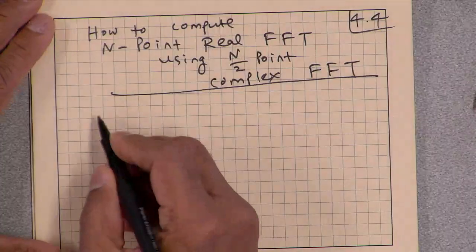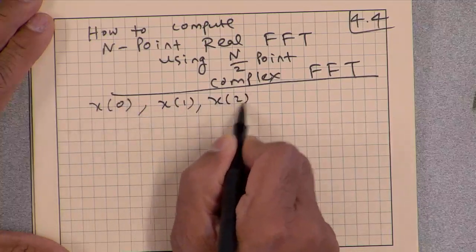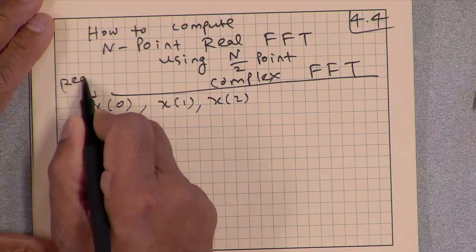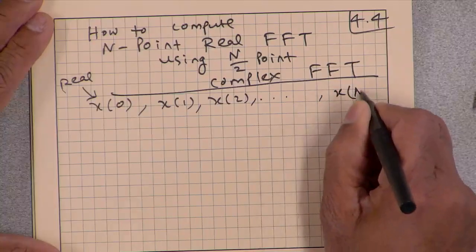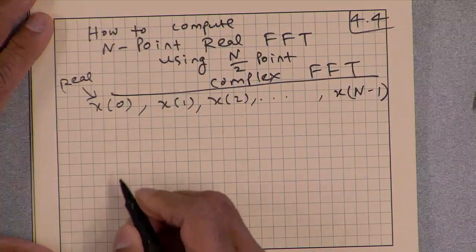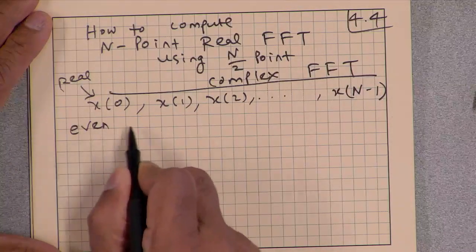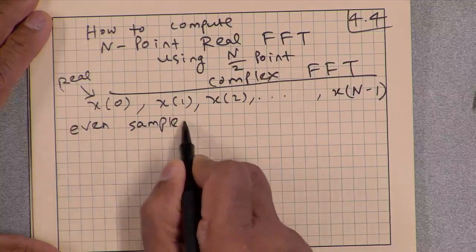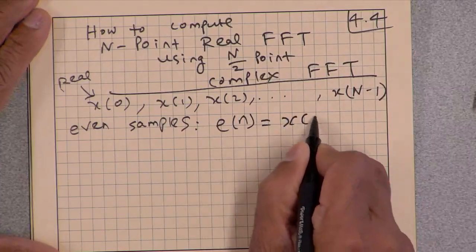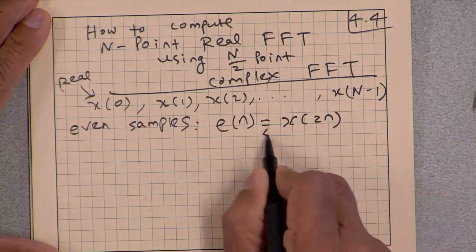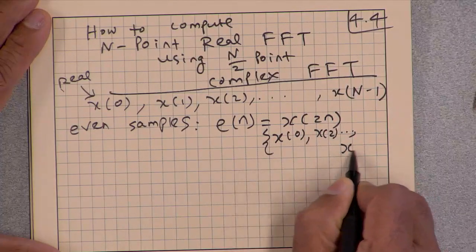The main idea is, let's say the signal xn is real: x0, x1, up to xn minus 1. The very basic idea is let's collect the even samples and call them En, which are nothing but x2n. So these are x0, x2, up to xn minus 2.